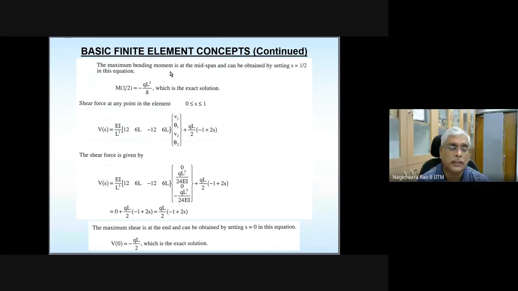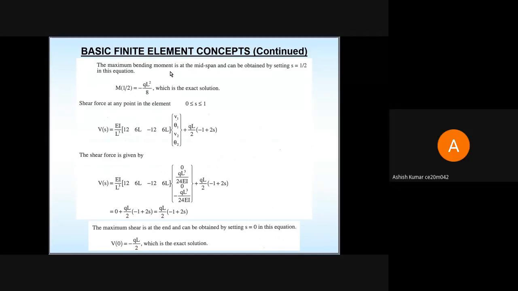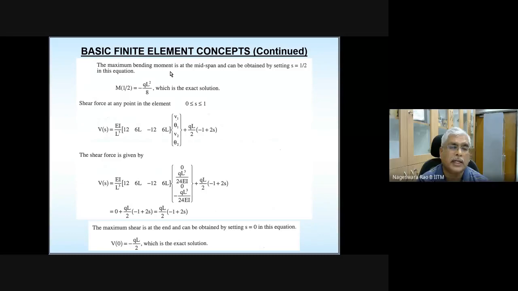Sir, while adding this fixed end solution correction, we need to take that sign convention for internal moment and shear forces, right? While adding that fixed end moment correction. Because whatever shear force expression, bending moment, whatever you are doing in this interpolation, that is actually internal shear and internal moment.